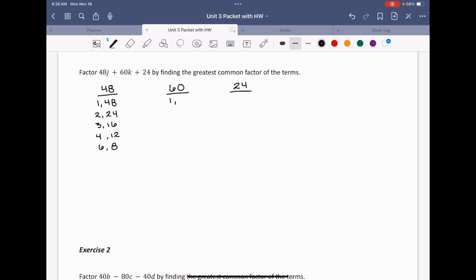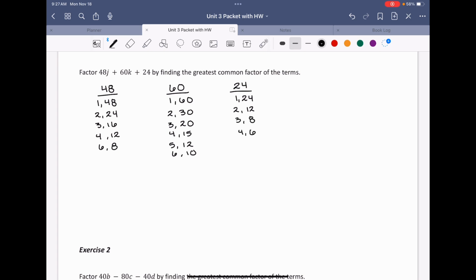For 60, 1 and 60, 2 and 30, 3 and 20, 4 and 15, 5 and 12, and 6 and 10. 24, 1 and 24, 2 and 12, 3 and 8, and 4 and 6.